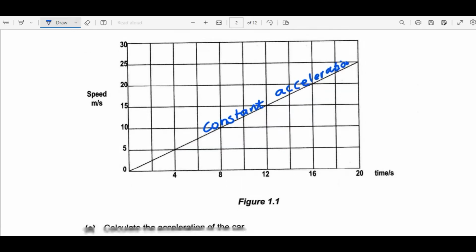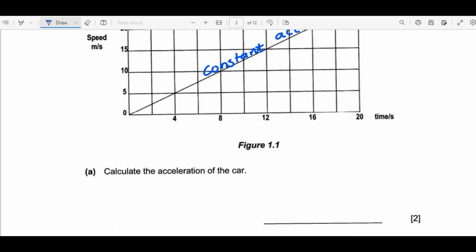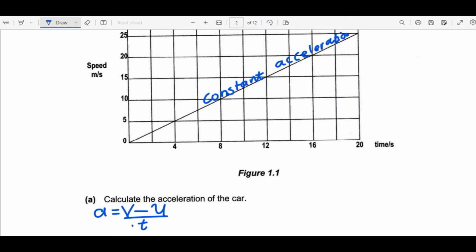Now, let's look at the first question, question A. Calculate the acceleration of the car. The formula for the acceleration is equal to final velocity minus initial velocity divided by time. So we need to find the final velocity, then the initial velocity. So let's go back to our graph.